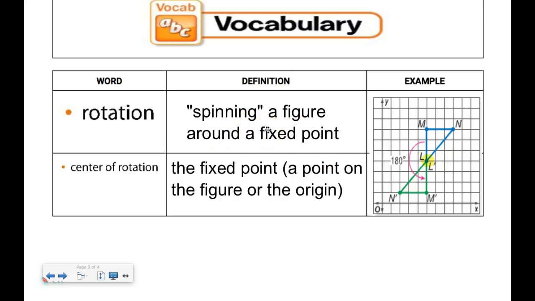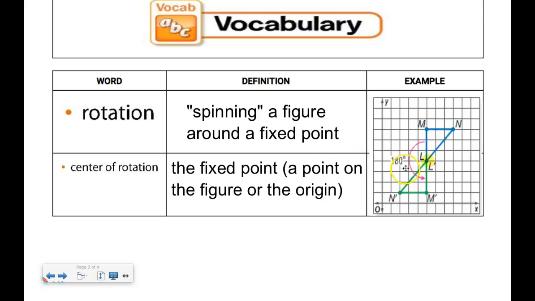So if you think of a clock, I know we have a digital clock in the room, but if you can imagine what they call an analog clock, which is with the hour hand and the minute hand, and they go around in a circle, that would be rotation, those hands going around the clock at different hours and minutes of the day. So that particular fixed point would be the middle of the clock, right? And then the hands are going around that fixed point.